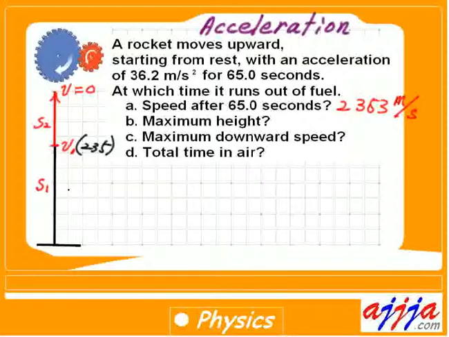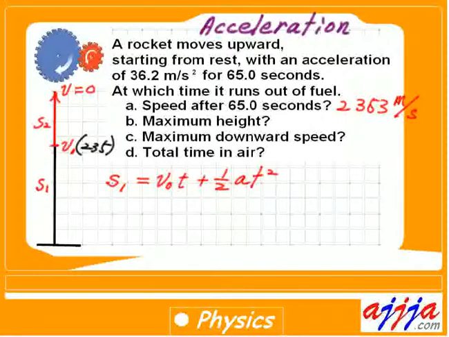If you're looking for a distance, I'm going to do S1 first. So distance is, you remember this? That's right: v0 t plus one half a t squared.